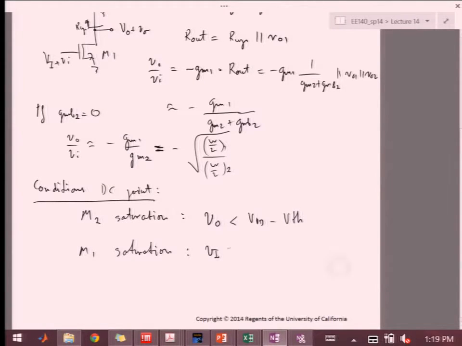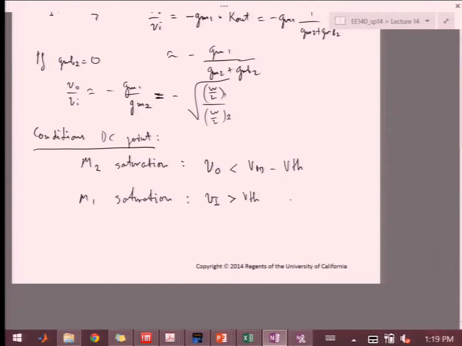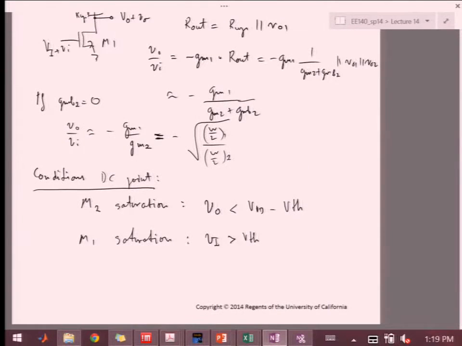So that condition tells us that it's not in cutoff, right? But once VI is greater than VTH, what does the V out have to be? Okay, so VO has to be greater than VI minus VTH, which is? Yes, which is V overdrive, right?